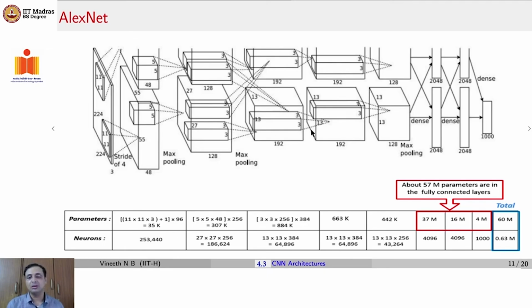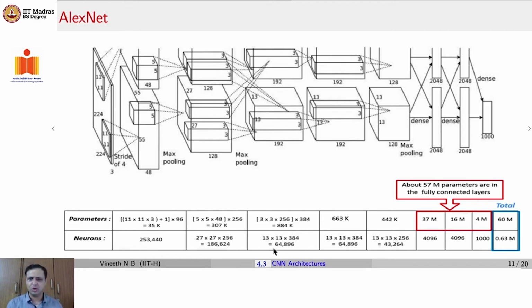Similarly, you can compute the numbers for the other layers. The second layer, the parameters turn out to be about 300k, and the neurons turn out to be about 186,000 and odd. Third layer, the parameters are 884k, and the number of neurons is 64,000.